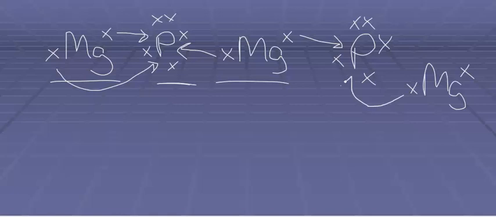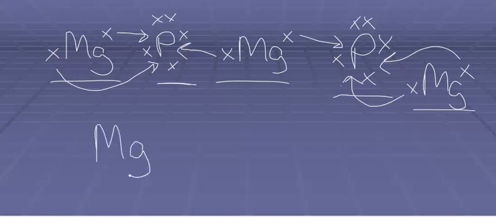Eventually, after the metals lose their electrons and the nonmetals gain their electrons to get 8, it will work itself out. And it will give me the empirical formula. In this case, there are 3 magnesium, so it would be Mg3, and 2 phosphorus. Mg3P2. That's my empirical formula.